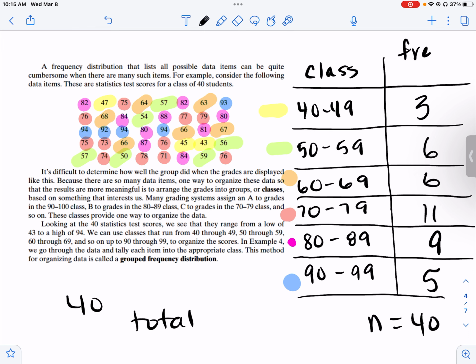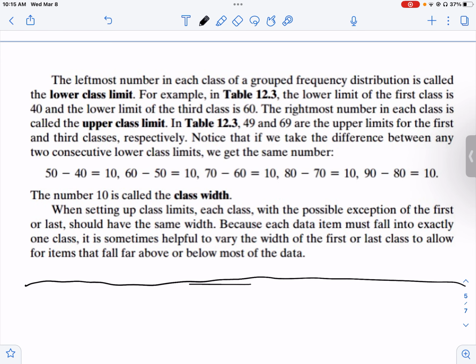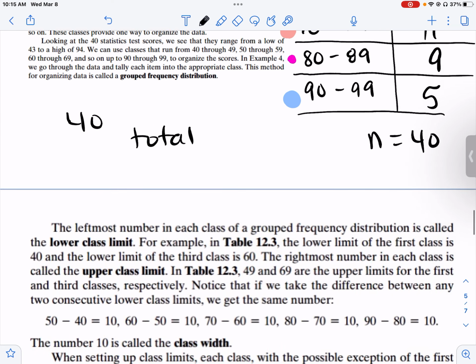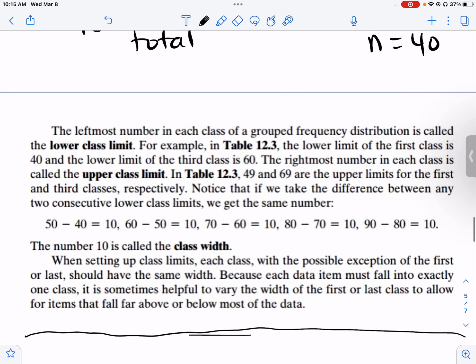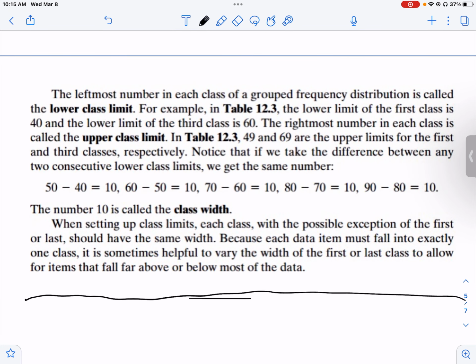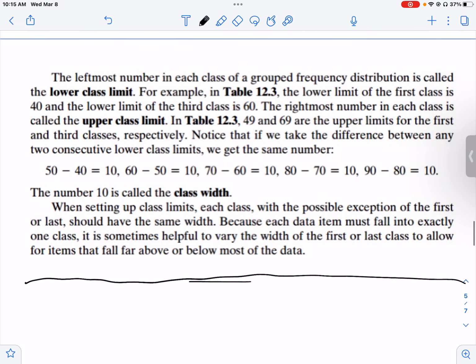This would be our frequency. The leftmost number in each class is called the lower class limit. So that would be our 40, 50, 60, 70, 80, 90. The rightmost number is called the upper class limit. So that would be 49, 59, 69, and so forth.